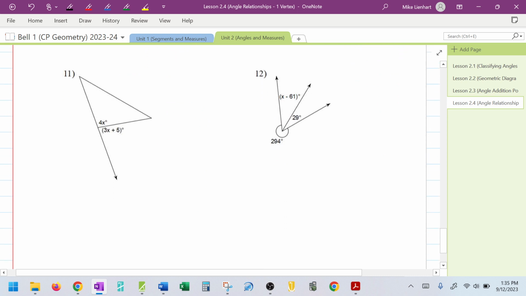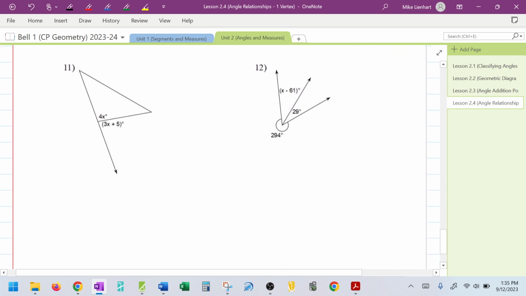Number 11. All right, number 11 here, it looks to me like they're saying those two angles, that's a linear pair. So because they're a linear pair, I know that 4x plus 3x plus 5 has to equal 180. Combine like terms, I get 7x plus 5 is equal to 180.